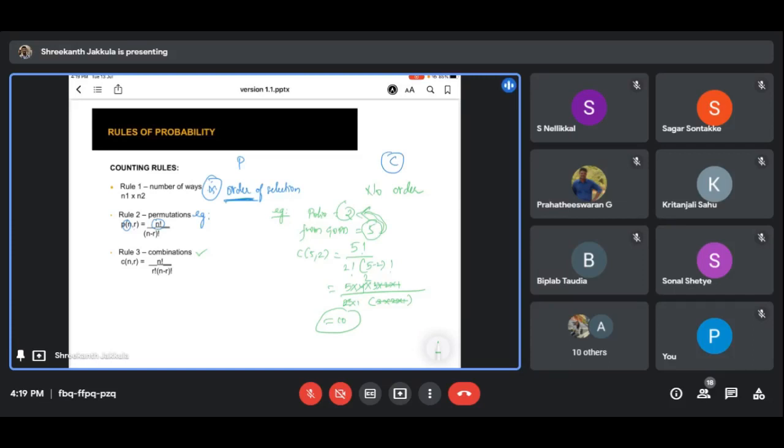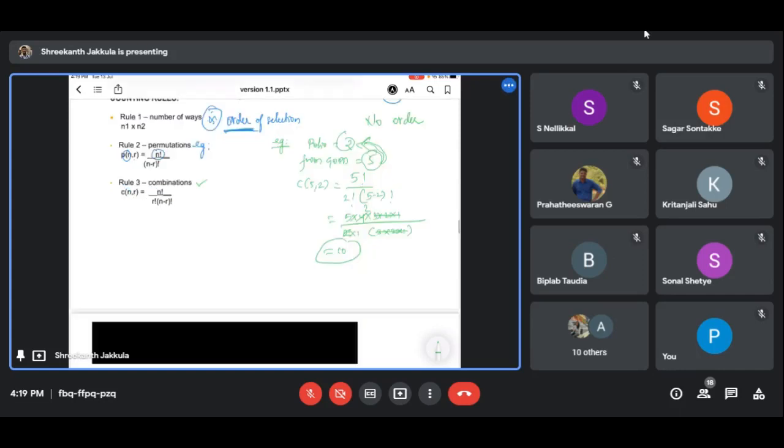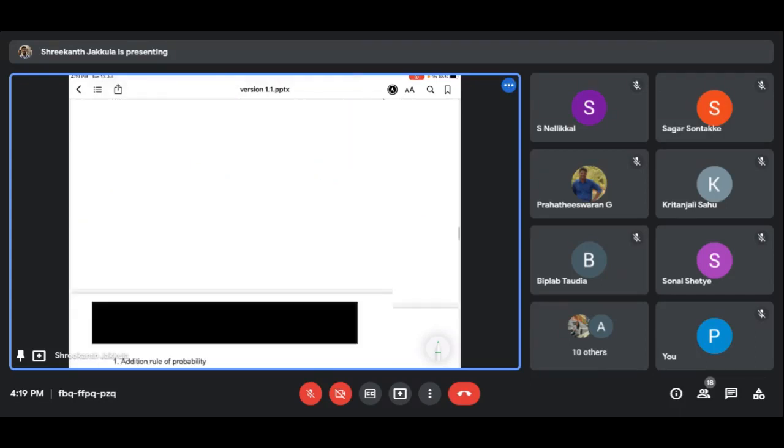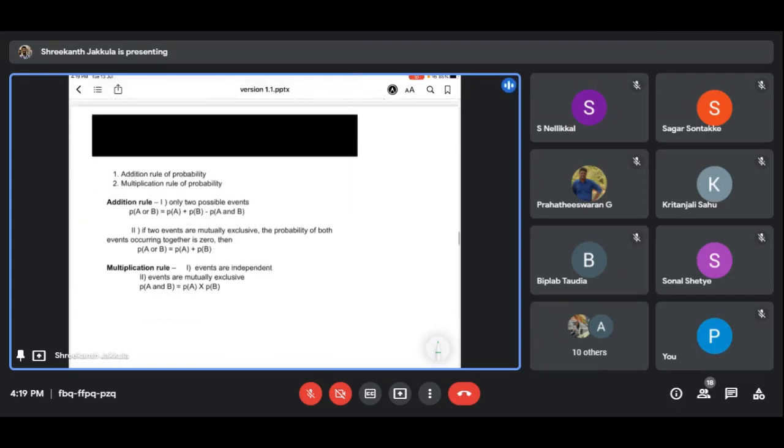So the main thing we have to keep in mind is that order of selection matters in permutation and no order is considered in combinations. Then this is very important: the addition rule of probability and the multiplication rule of probability.